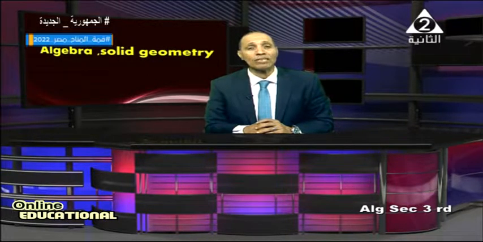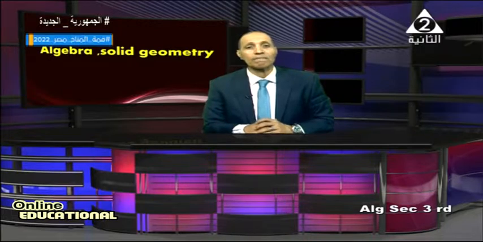Remember, my dear student, if we have the general equation of a sphere, to determine the radius, its rule is the square root of L squared plus K squared plus N squared minus D. What is L, K, N? They are the coordinates of the center of the sphere.